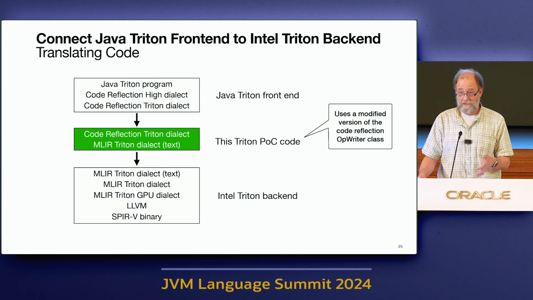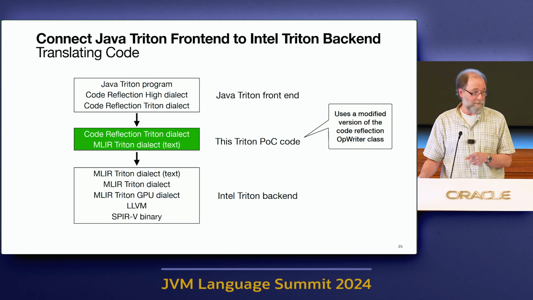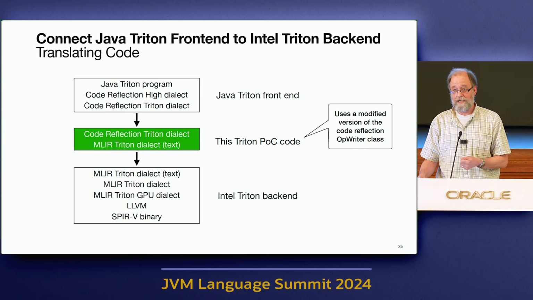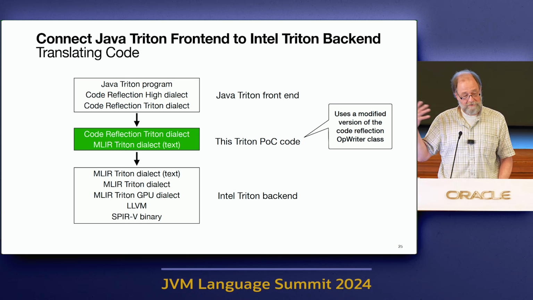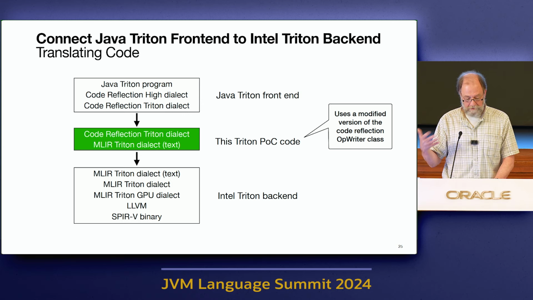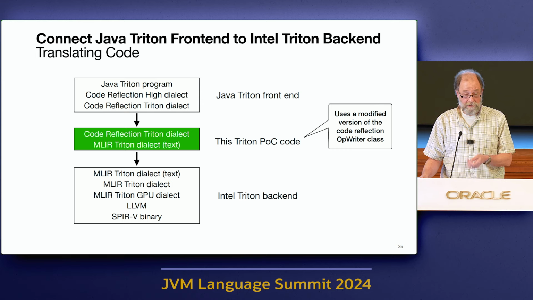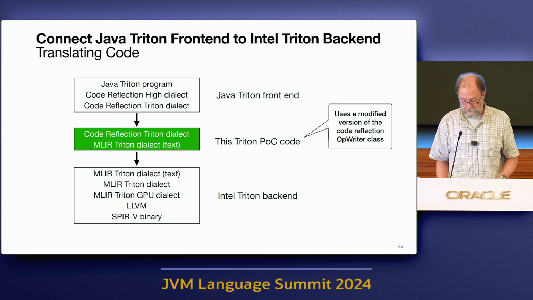But because we knew the backend could accept MLIR text, and because we had a very fortuitous starting point, which is the code reflection operator class, the class that takes code model ops and writes them out as text, the output of that wasn't that different from what Triton looks like in its text form. So my colleague started with that. And the backend then accepts that text and creates an in-memory version of that. It gets lowered to a GPU dialect that Triton has. It then gets lowered to LLVM. And then the Intel backend produces a SPIR-V binary from that.